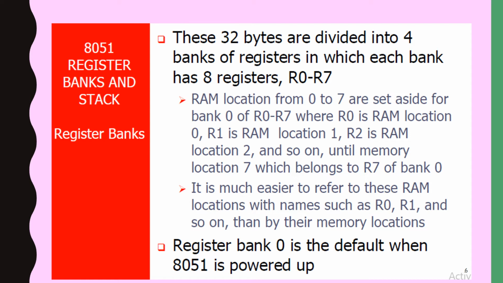It is much easier to refer to these RAM locations by names like R0, R1, R2 instead of 0, 1, 2, 3, 4. Register bank 0 is the default when the 8051 is powered up.